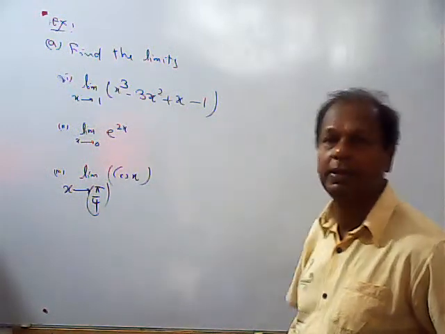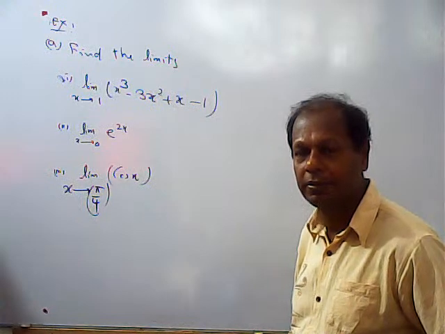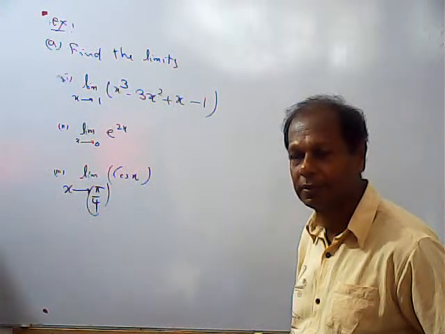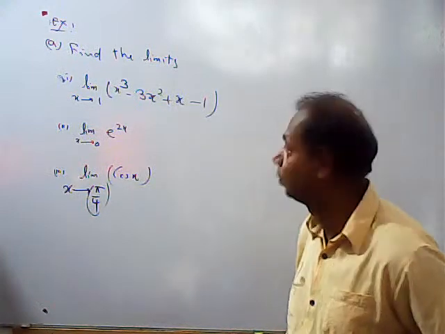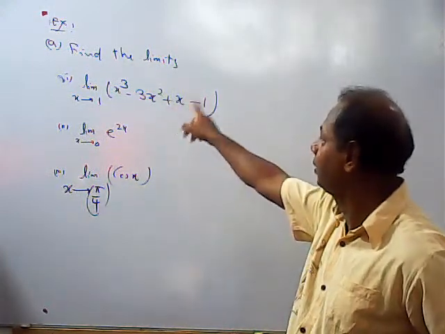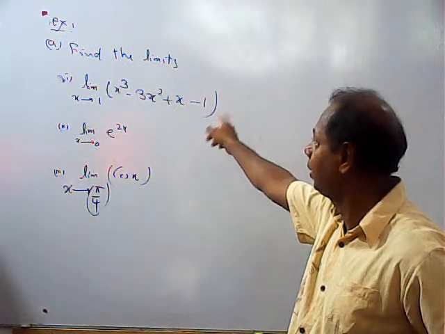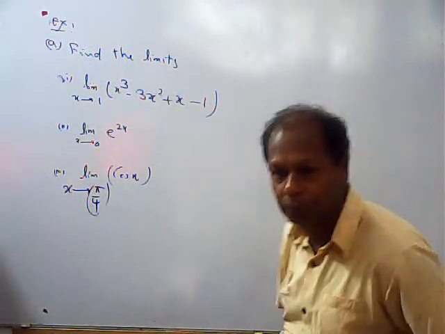Here I didn't ask whether it exists or not. Just give the limit. It exists. So what's the answer? This one says minus 2. 1 minus 3, plus 1 minus 1. Yeah, it is minus 2.